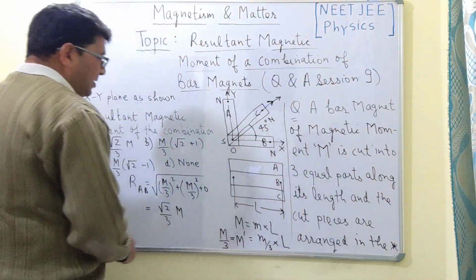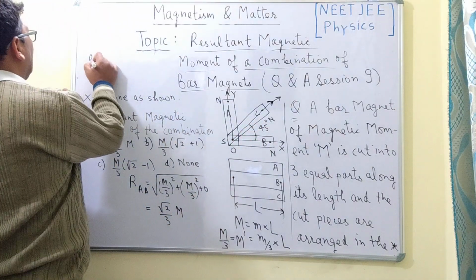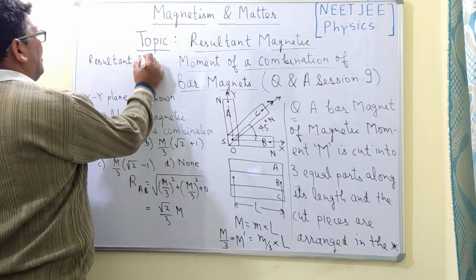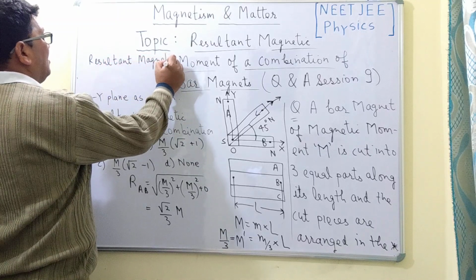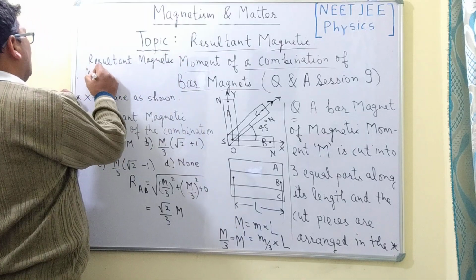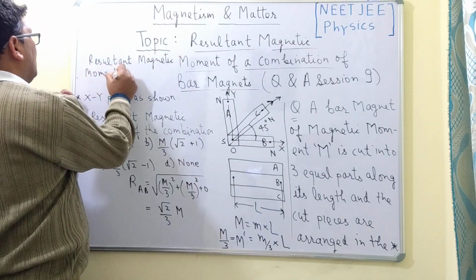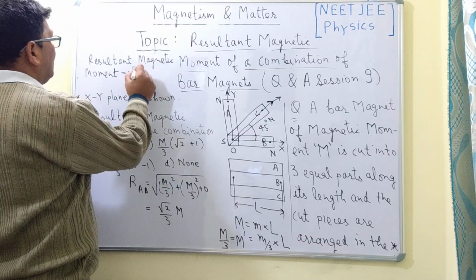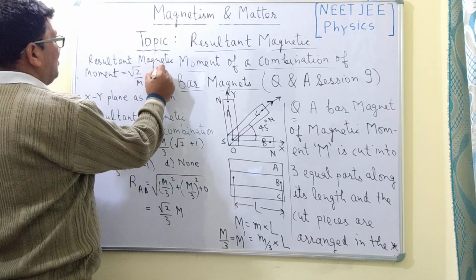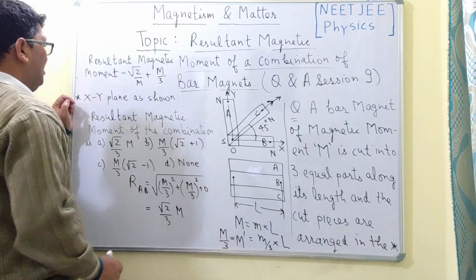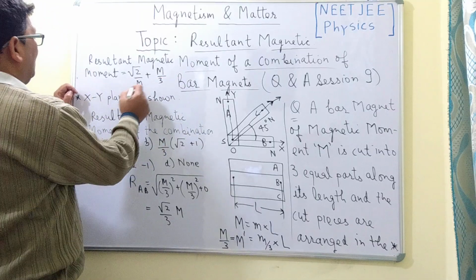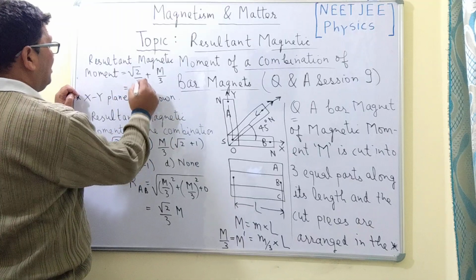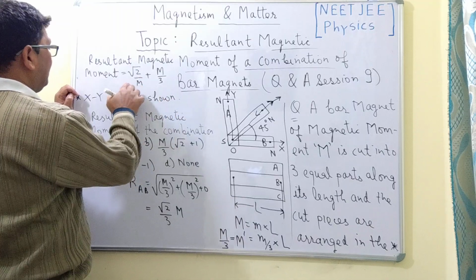So in this case, the resultant magnetic moment of this combination will be equal to root 2 by 3 m plus m by 3. I can take m by 3 as common.